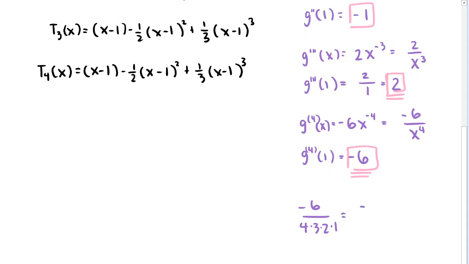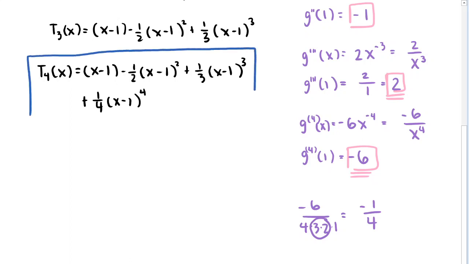And here I can see that this would come out to be 6 as well, and that would cancel out with the 6 in the numerator. This is -1 over 4. So this would have plus 1/4 x minus 1 raised to the power of 4. So this is the fourth degree Taylor polynomial of ln of x centered at x equals 1.